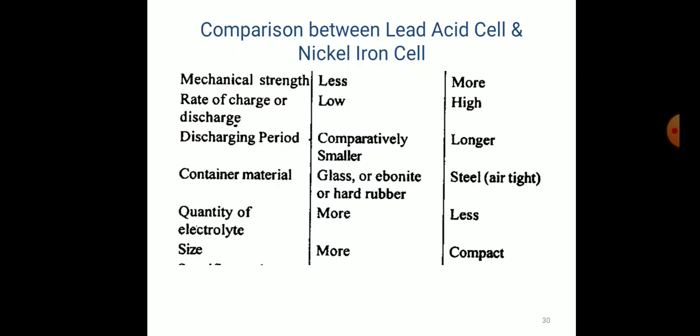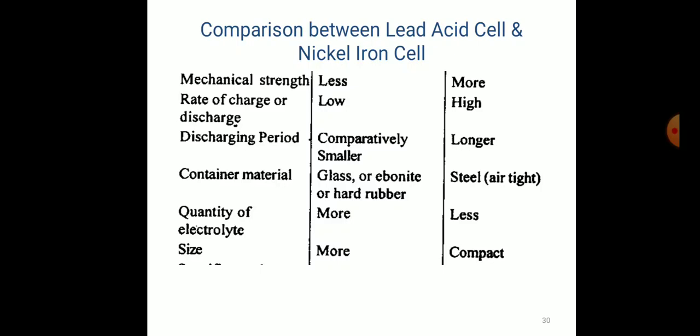The discharge period is comparatively smaller, but in the nickel iron cell it is longer. The container material we are using is glass, ebonite or hard rubber, but in the nickel iron cell the container material is steel, airtight. The quantity of electrolyte needed is more.